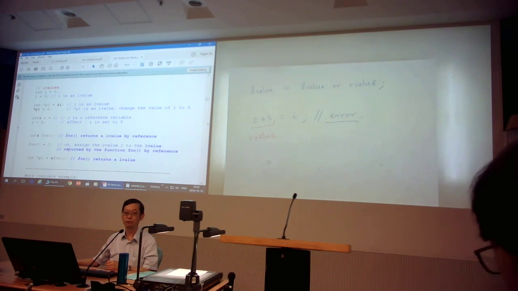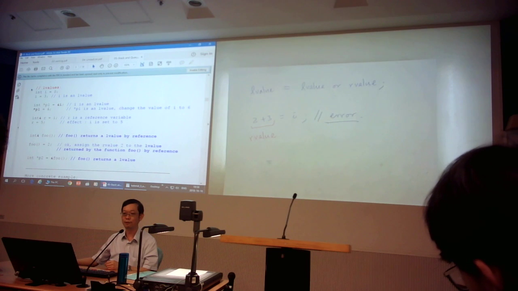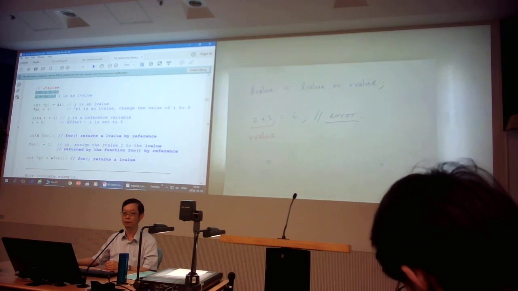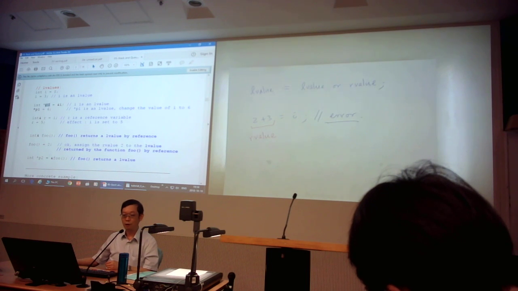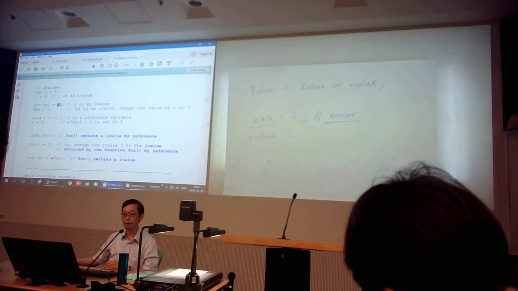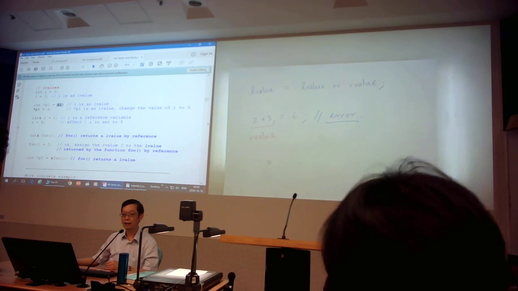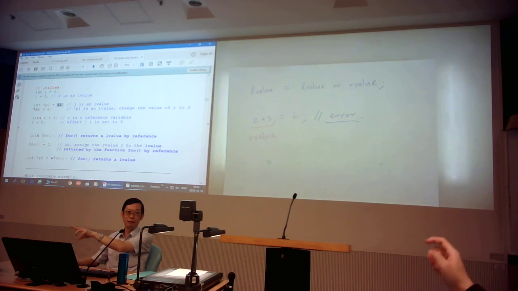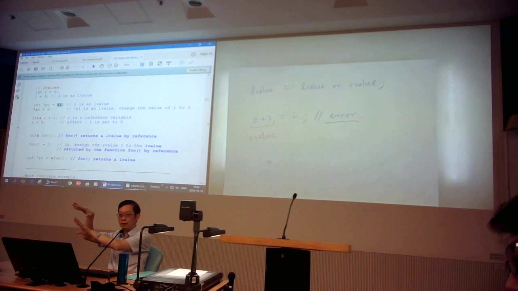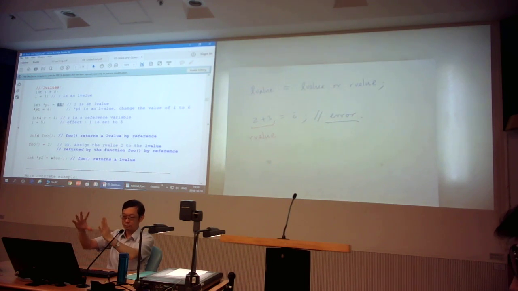Now, how about L values? The first case is simple, I don't repeat it. Now, if you define a pointer, you can apply the address-of operator to an L value and get the address of that L value. An L value means some object that will still exist after the execution of that statement.